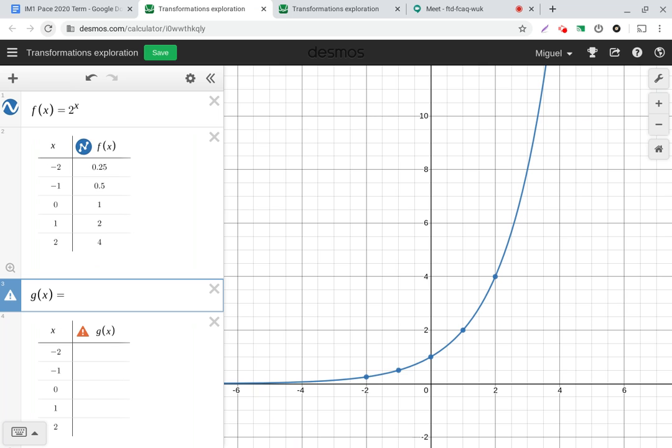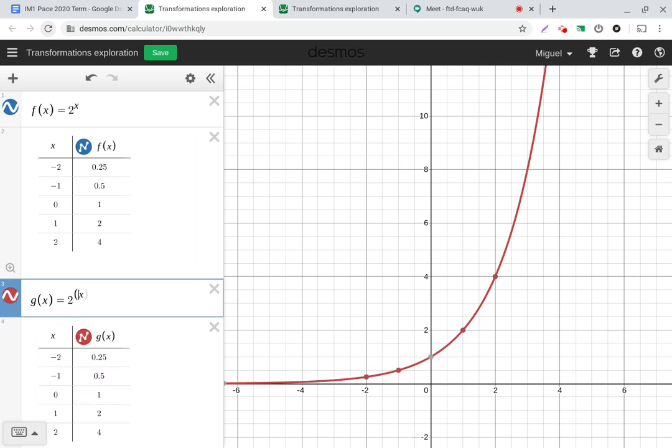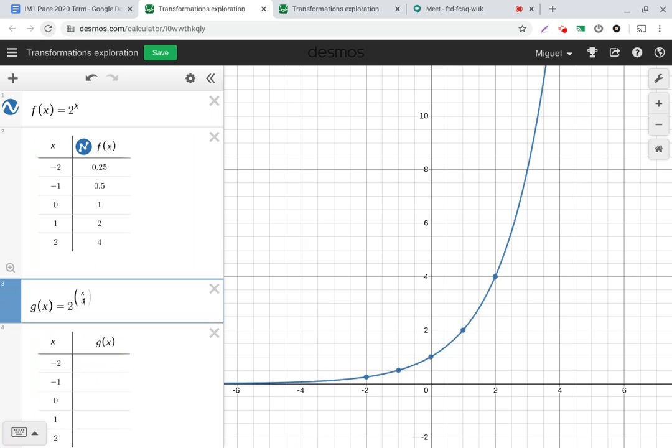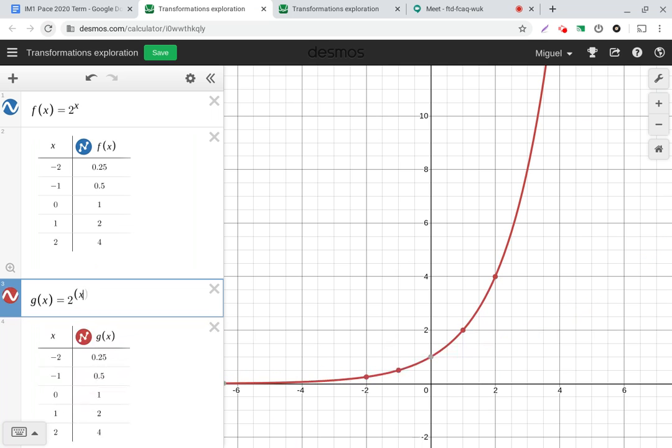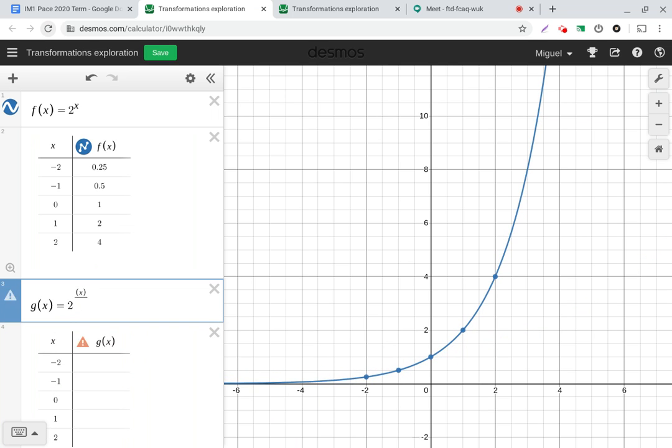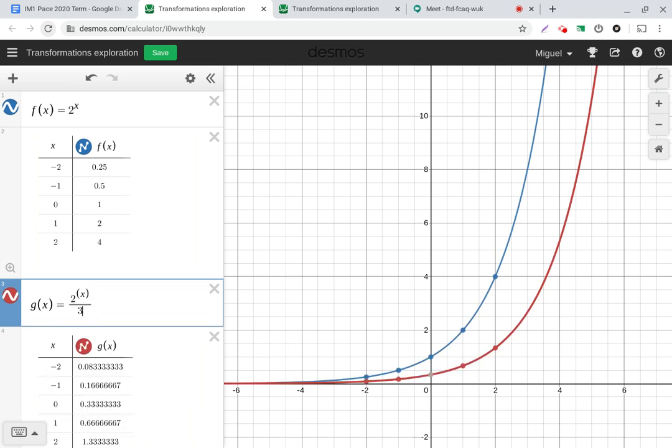So do 2, and then x power. Okay. And then divide that, so hit slash. Yeah. And not the power, the whole thing. Oh, okay. Divide that by 3. The whole thing. So I have to get out of it, right? There you go.